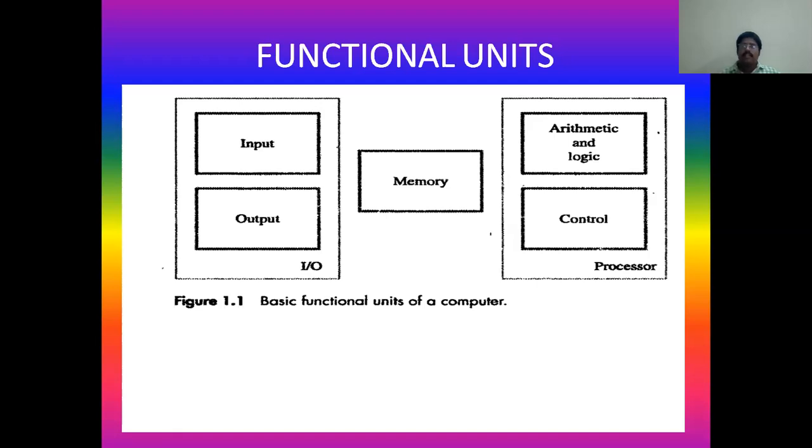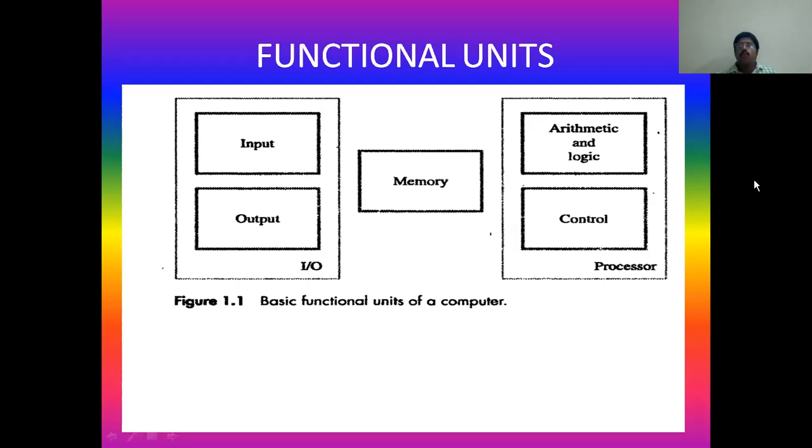Generally, a memory device will store the data when we perform any operation, and it will give the data to the arithmetical and logical unit whenever there is a requirement. Whenever you want to perform any addition, subtraction, multiplication or division, whatever it may be, you need at least two values.